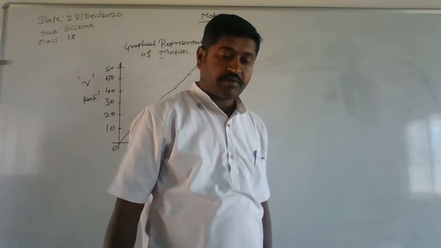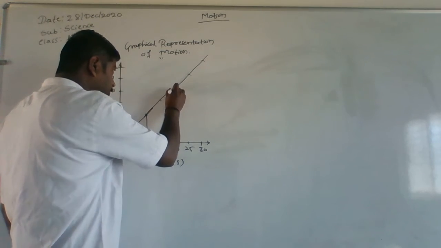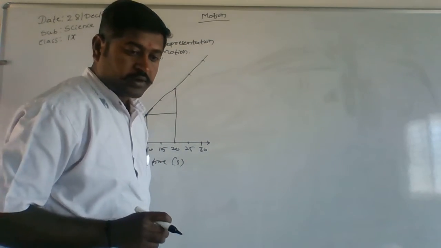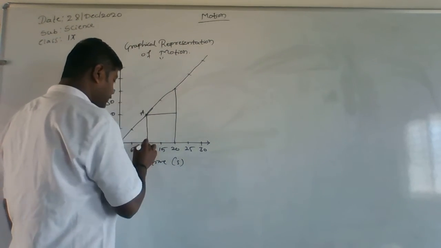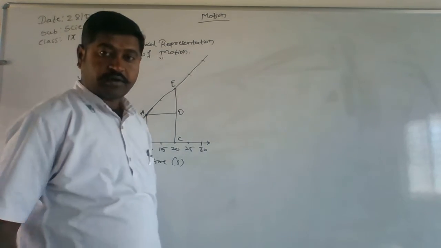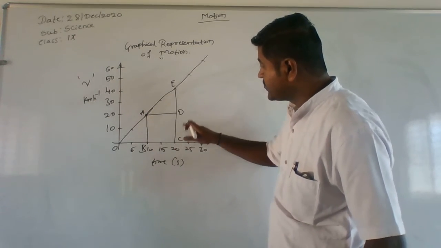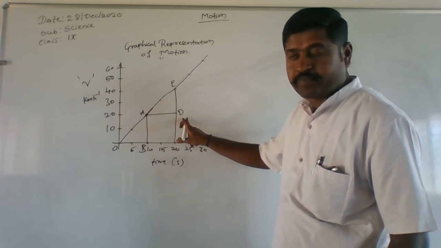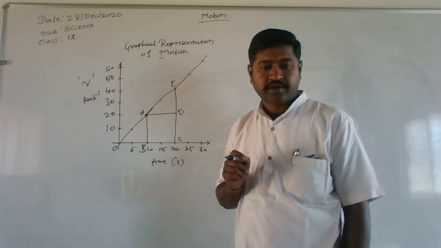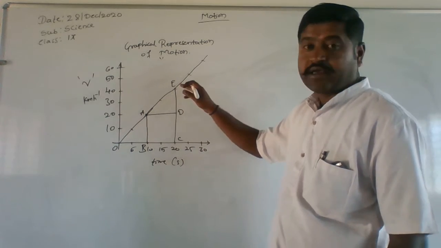All right, so now what we will do, this is A B C D E. Now what we have got, we have got ABCD as a rectangle, then ADE as a triangle. Is this clear? ABCD as rectangle and ADE as triangle.